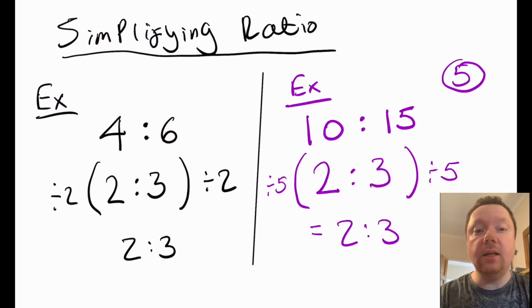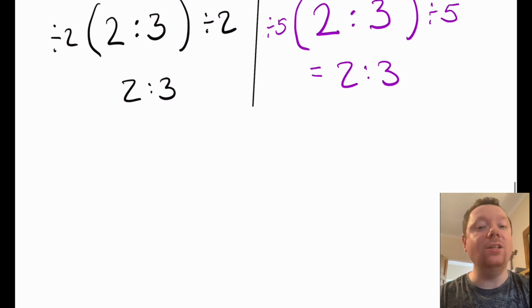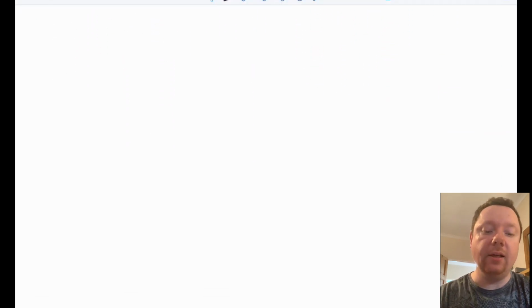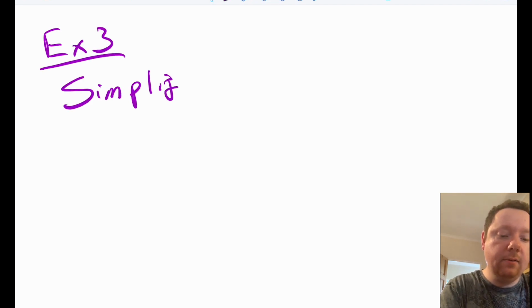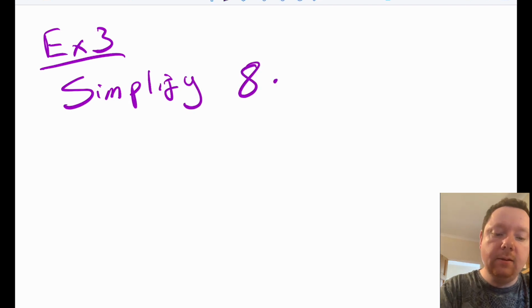Let's do one other example to make sure we get ones where the answer is not always 2 to 3, in case you're thinking that's the case. So example 3, we need to simplify the ratio 8 to 20. So let's go through our steps.